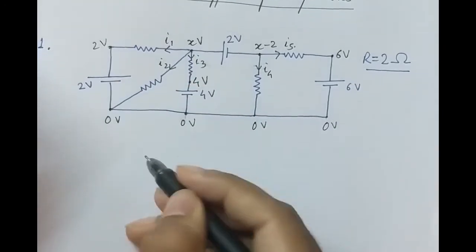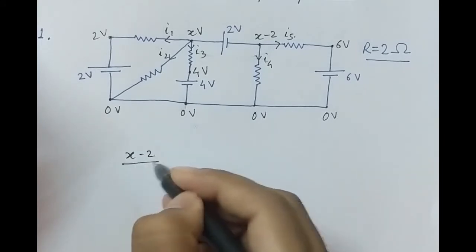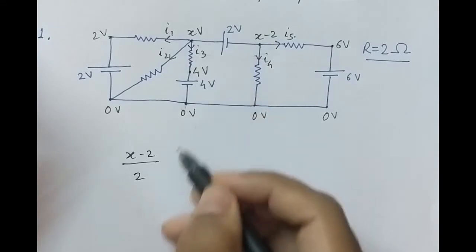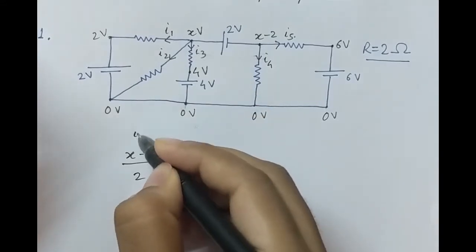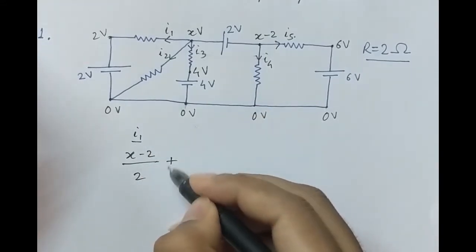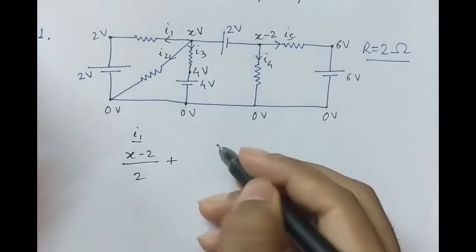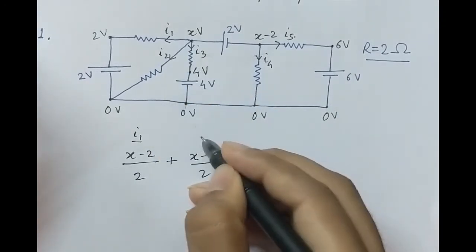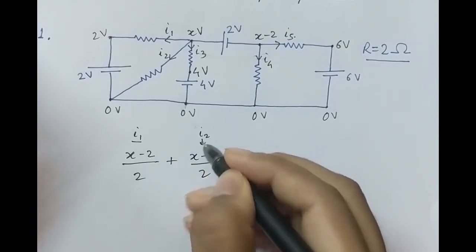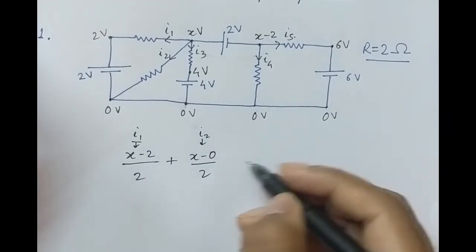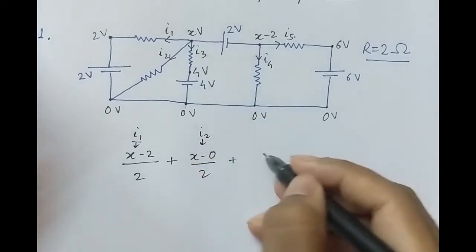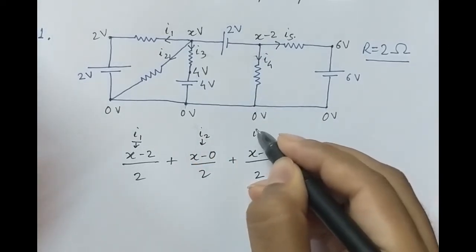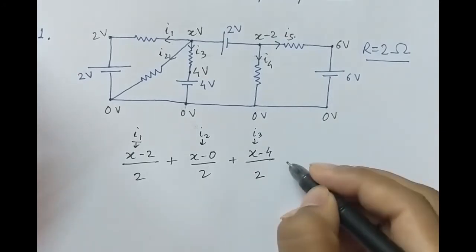I1 will be X minus 2 divided by the resistance 2 ohms. All resistances have been given as 2 ohms. Plus I2, X minus 0 divided by 2. Plus X minus 4 divided by 2, this is my I3.